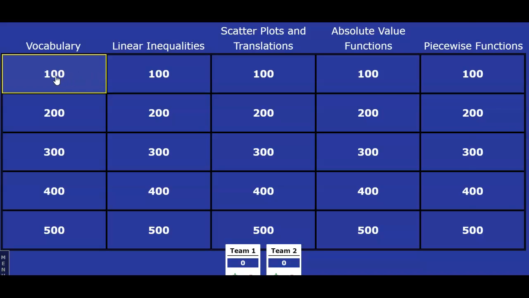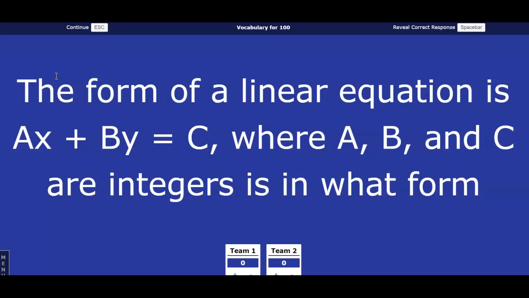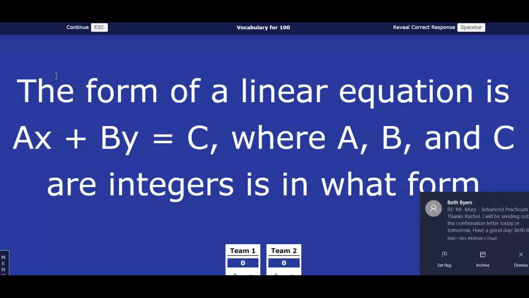Alright, so vocab for 100. The form of a linear equation ax plus by equals c is known as what form?